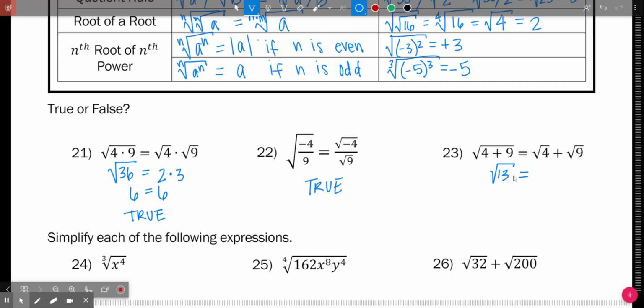This statement is saying that the square root of 13 is equal to the square root of 4 plus the square root of 9. But the square root of 13 is not equal to 5. So this is false. It's important to note that the product rule and the quotient rule do not apply to addition and subtraction.